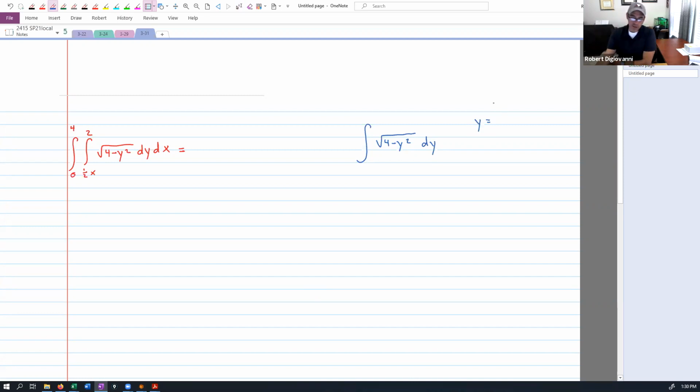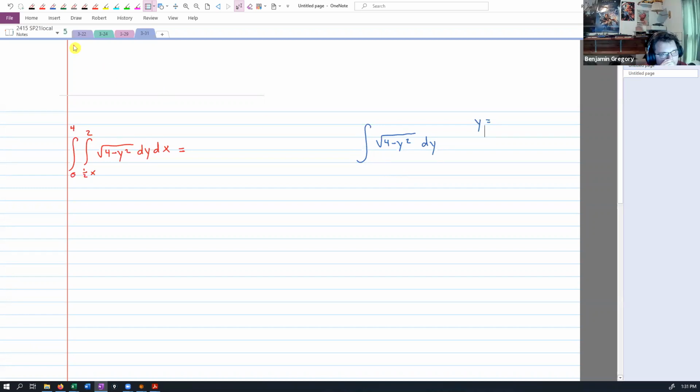Do y'all remember what the trigonometric substitution is if you have something that looks like a squared minus u squared or a squared minus x squared? Is it cosine? Like 2 cosine of theta? I'm just guessing. It has to do with sine.